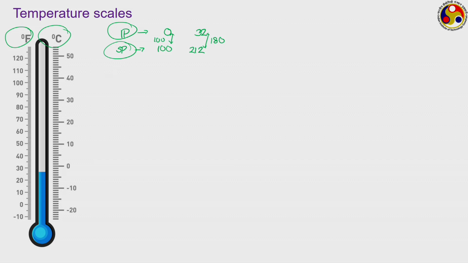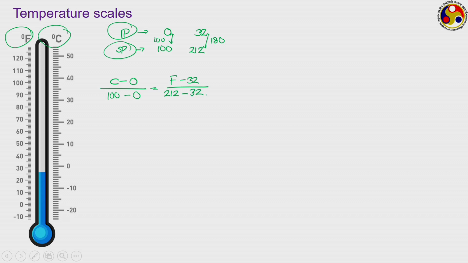Now, how can we develop a relation between them, something very school level stuff. As we are taking equal divisions between them, you can go for a linear interpolation. So, in case of Celsius scale, if any temperature is given as C, then C minus the ice point temperature, that is 0, divided by steam point temperature 100 minus ice point temperature, will be equal to F, the corresponding temperature in Fahrenheit scale, minus ice point value, which is 32, divided by steam point value 212 minus ice point value.